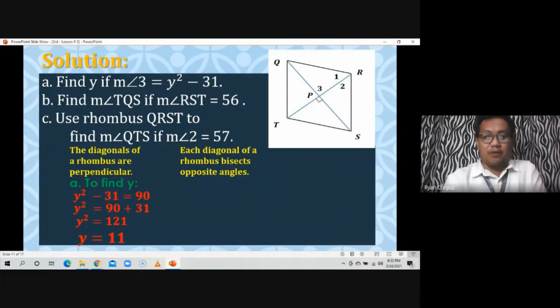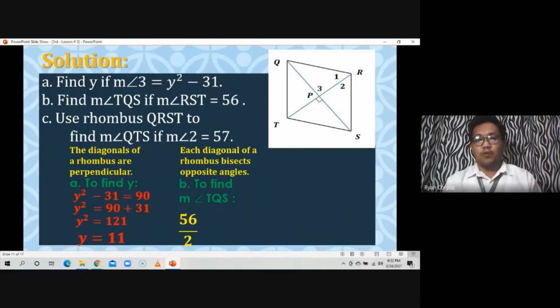So how do we do it? To find the measure of angle TQS, since the measure of angle RST is equal to 56, all you have to do is simply divide it by 2, then you'll come up with a measure of angle TQS as 28 degrees. Did you get that?